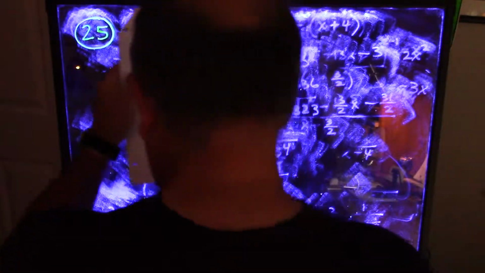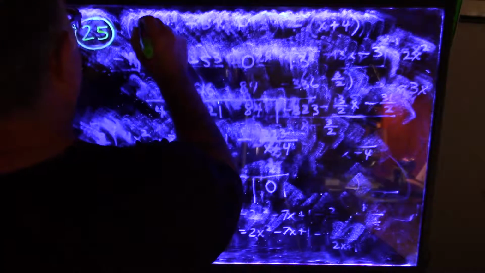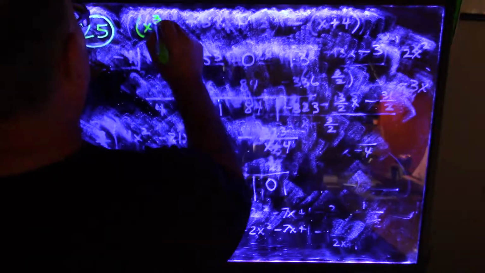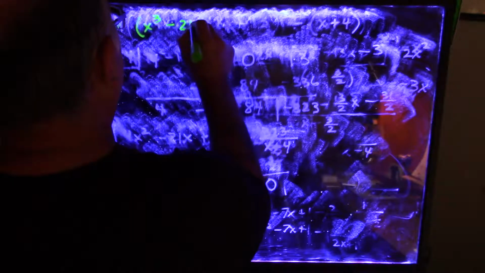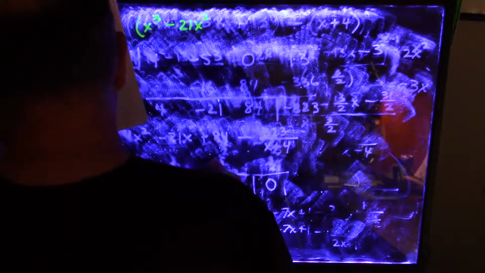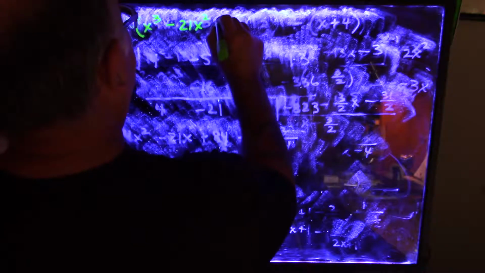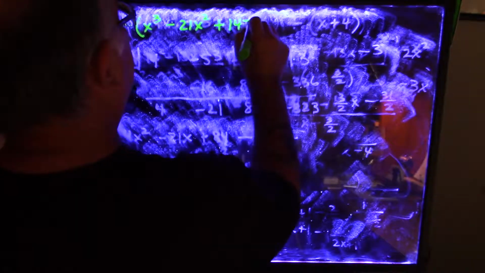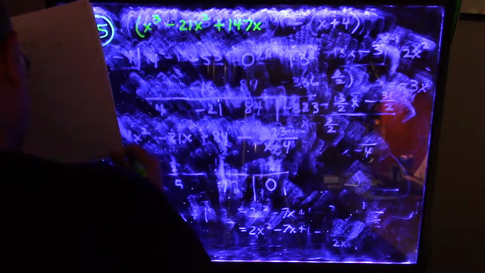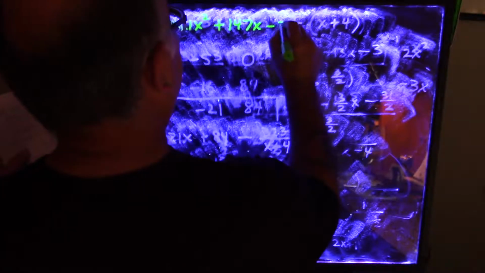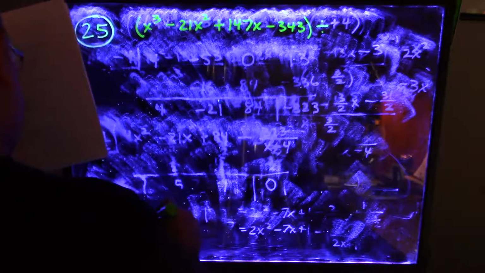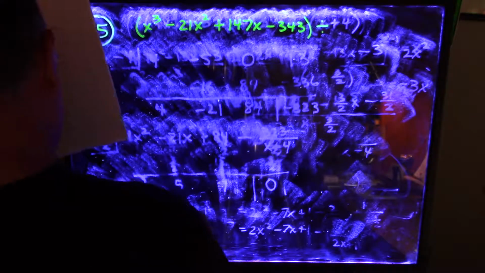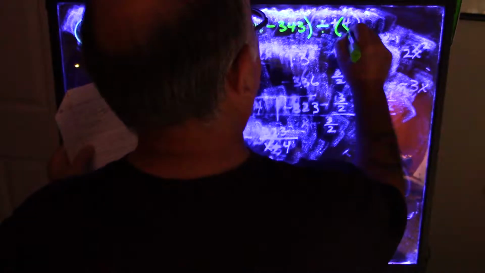Number 25. x cubed minus 21x squared plus 147x minus 343 divided by x minus 7.